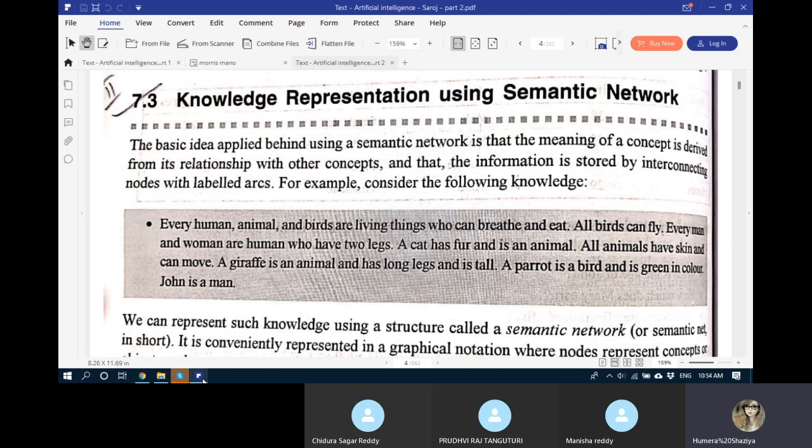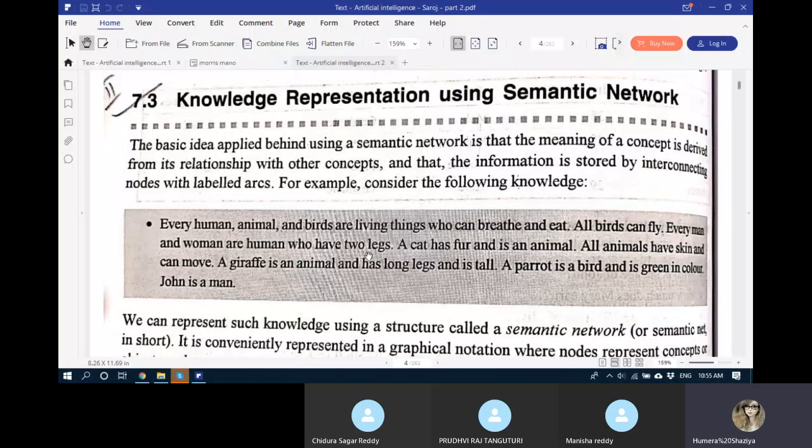Let us look at how we can represent this knowledge. This is knowledge. Now you want to give this knowledge to machines. Can anyone tell me how you are storing this knowledge in your brain? Do you know how you are storing this knowledge in your brain? We don't know, but we know all this is there inside us.